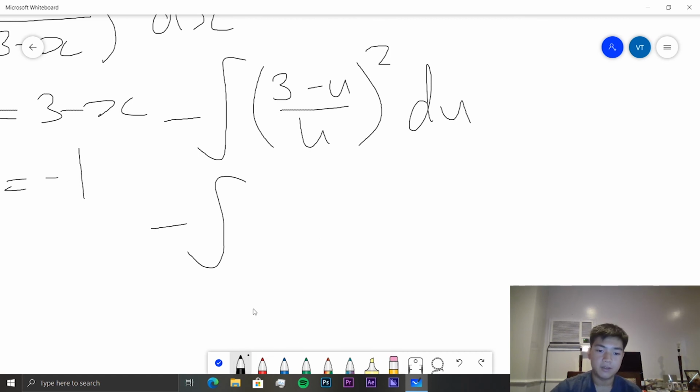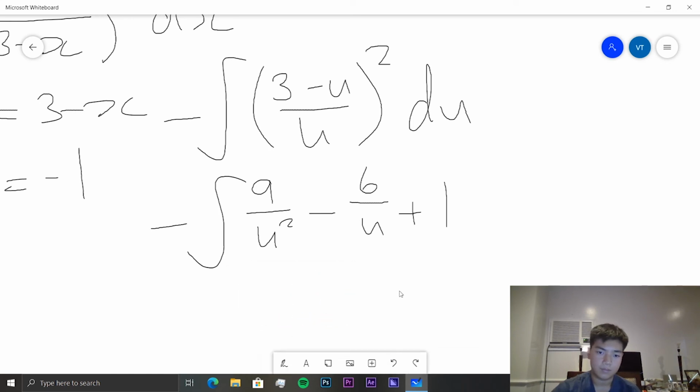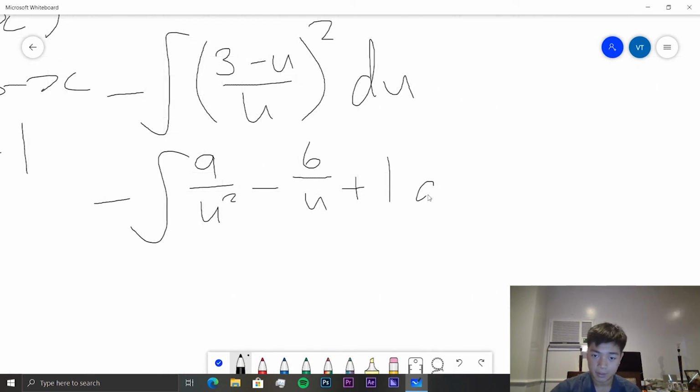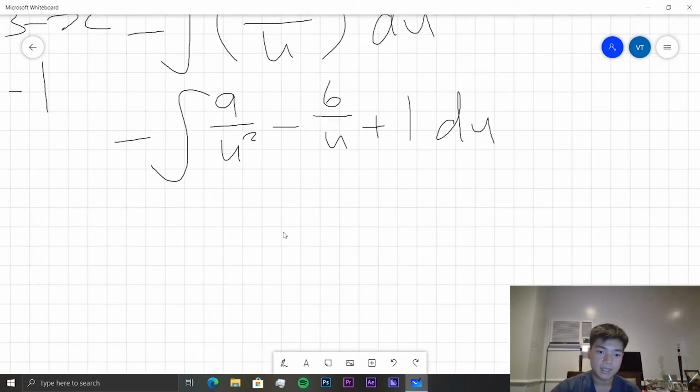This is 3 over u, so this is 9 over u squared, and then we have minus 6u, so minus 6 over u, plus 1. Du. I guess that's what it allows us to do.